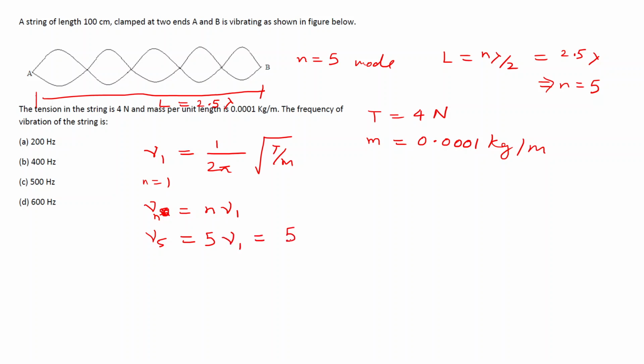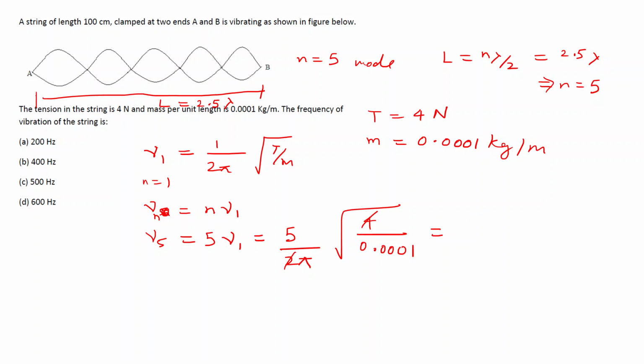Now to calculate this, I'll put this value here. T is 4, mass per unit length is 0.0001 kg per meter. Let me solve this using calculator. Square root of 4 will be 2, so 2 and 2 will be cancelled.